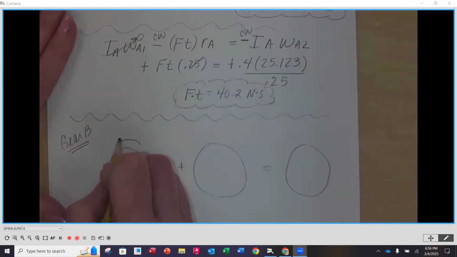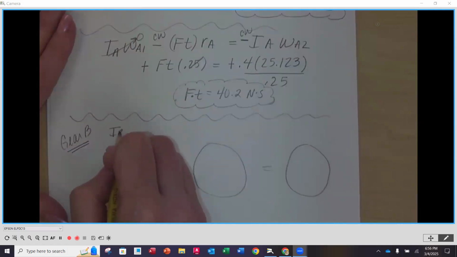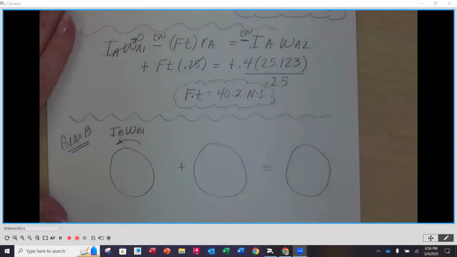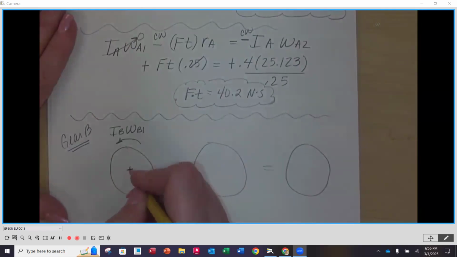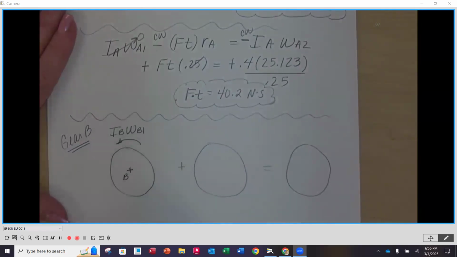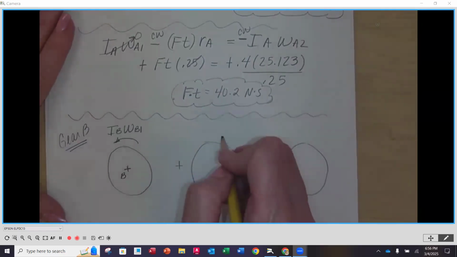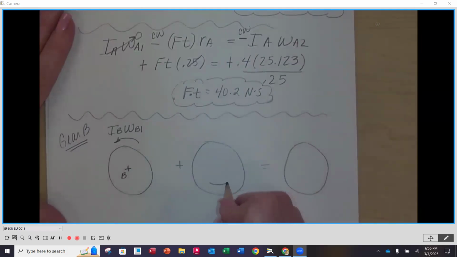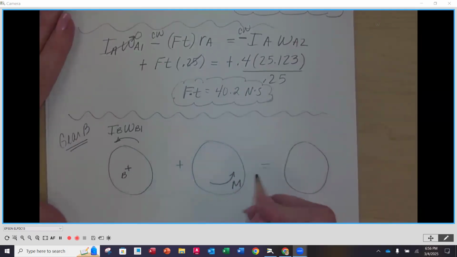So that means that IBWB1, we know that to be 0, but we'll just assume that same direction. So this is B. And then we also know that the moment, capital M, B, is going to be going counterclockwise as well.